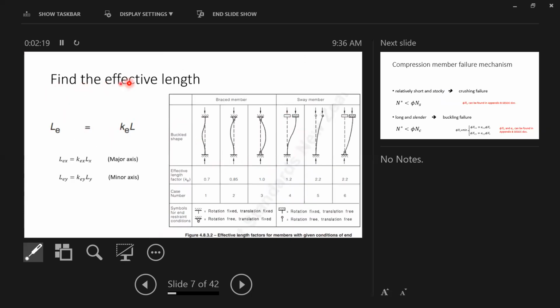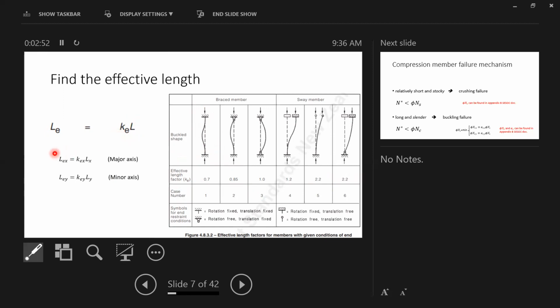So for the effective length, we have Le equals to Ke L. So Ke, depending on the restraints that you have, can vary between 0.7 to 2.2. So you find out about your supports, then you can find Ke and multiply it by the length.